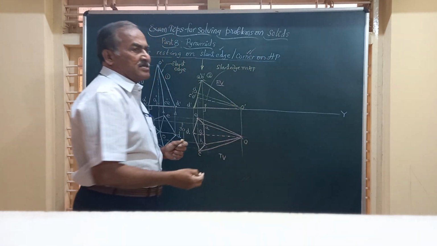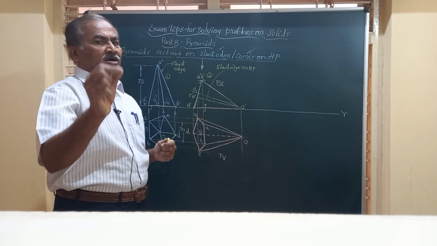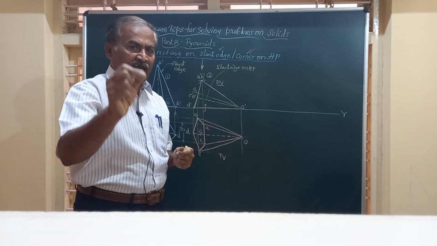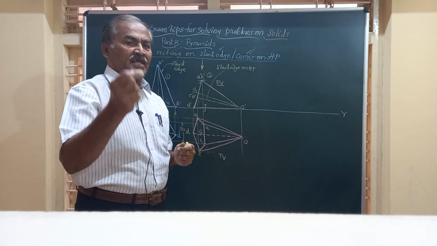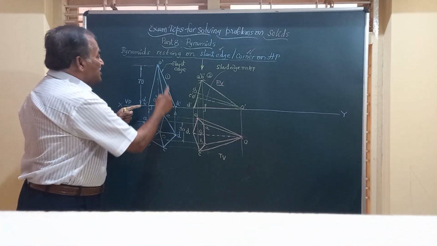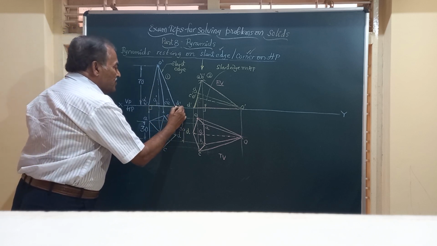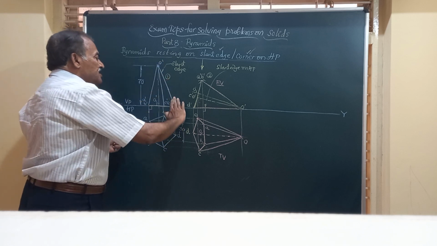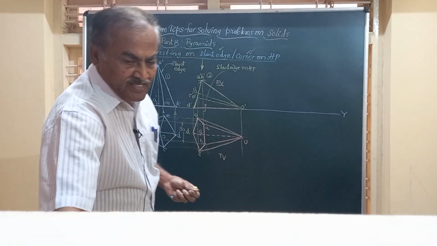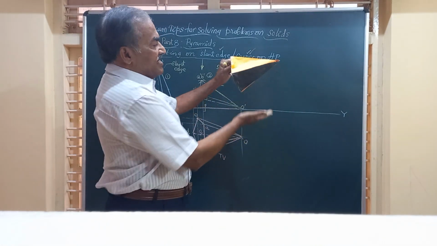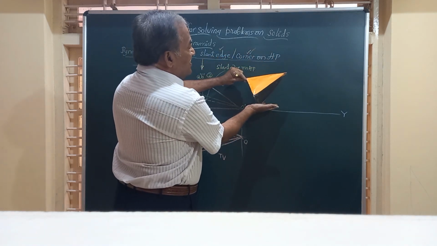So corner, again I am repeating that whenever it has to rest on a corner or on a slant edge, if you find these two terms, corner and slant edge, the initial position is the same. One of the corners should come to your right, whether it is resting on slant edge or resting on corner, something like this. Friends, it is something like this. Resting on a corner on HP.